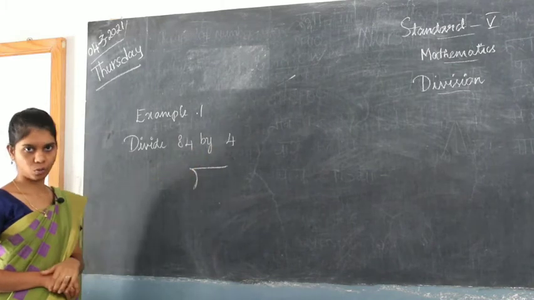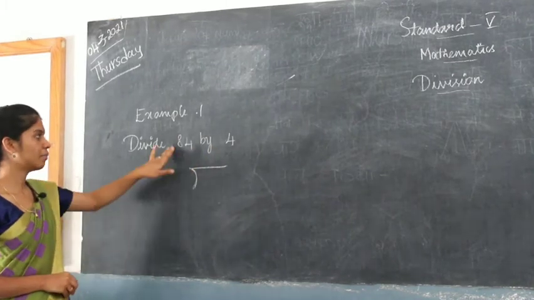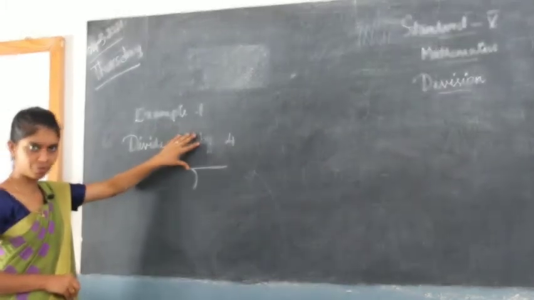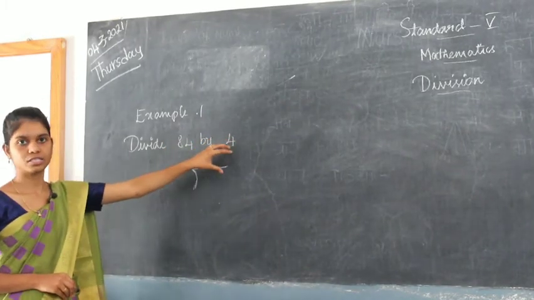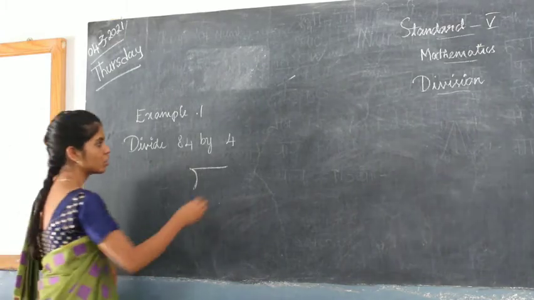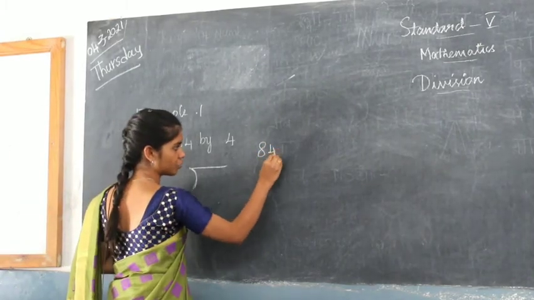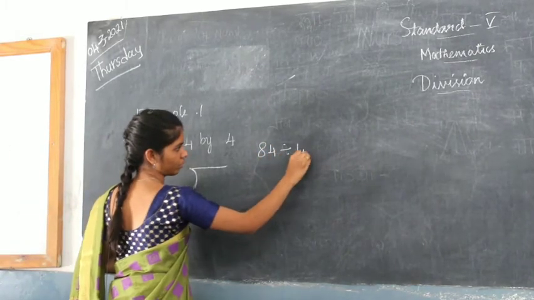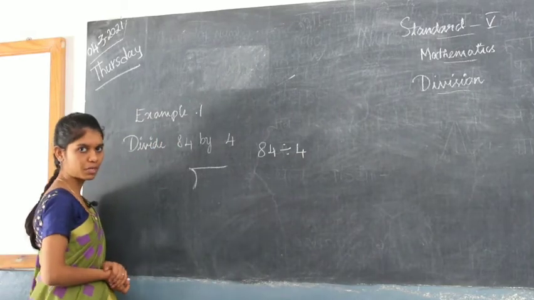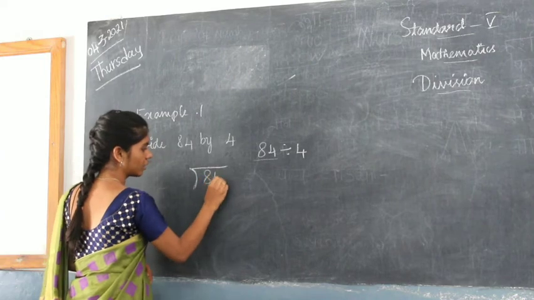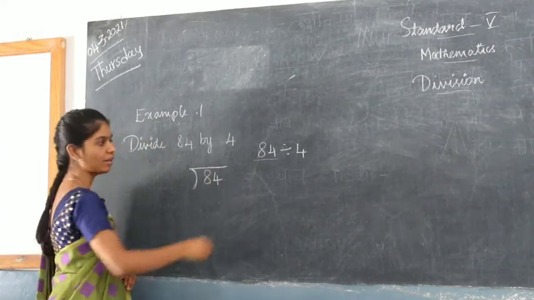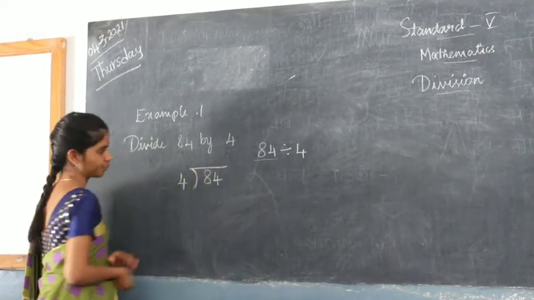I already told you that the number in the first is dividend and the number next is divisor. So what they are telling is 84 should be divided by 4. So what you should do is you should write the first number inside the curve and 4 outside.